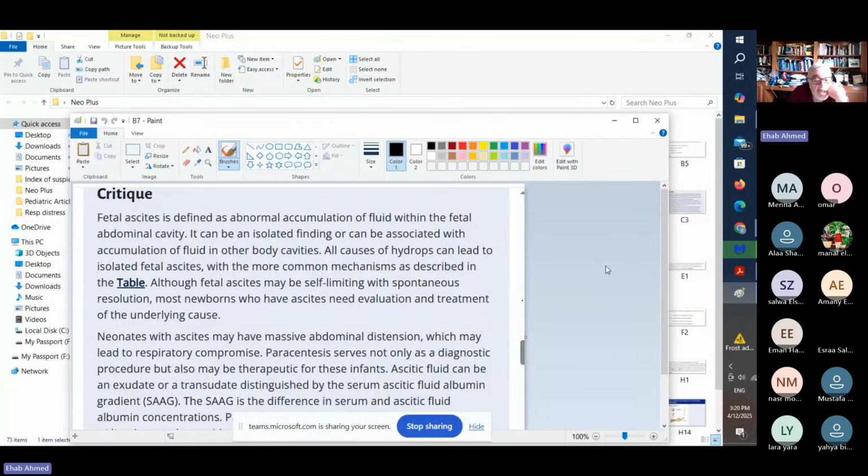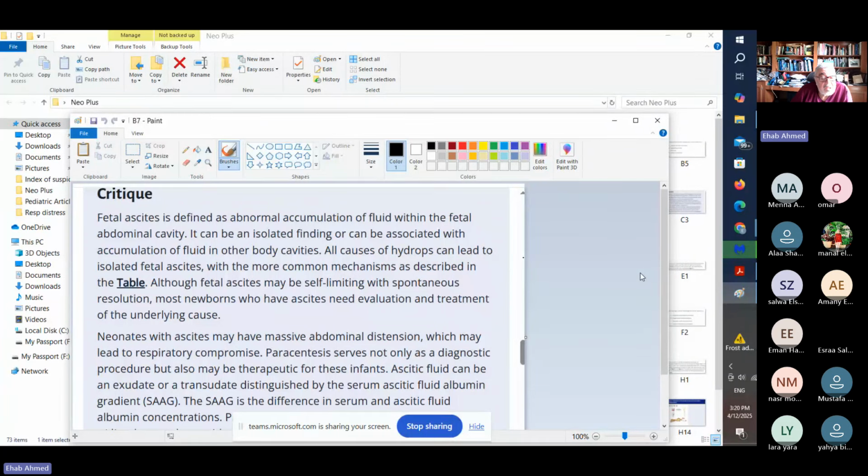ascites. Neonates with ascites may have massive abdominal distension, which may lead to respiratory compromise. Paracentesis serves not only as a diagnostic procedure, but also maybe therapeutic.